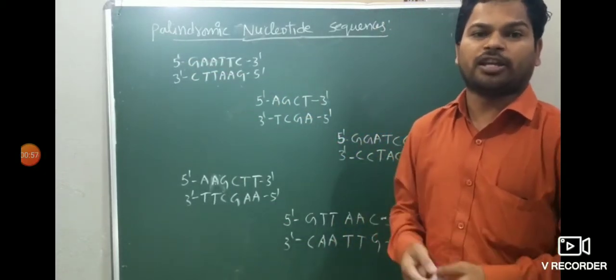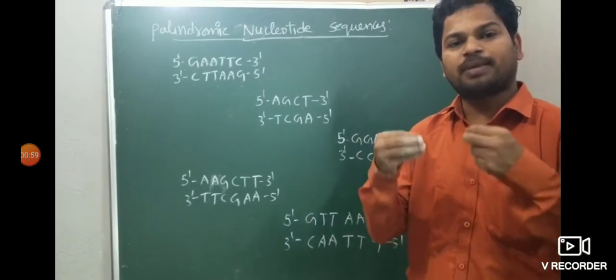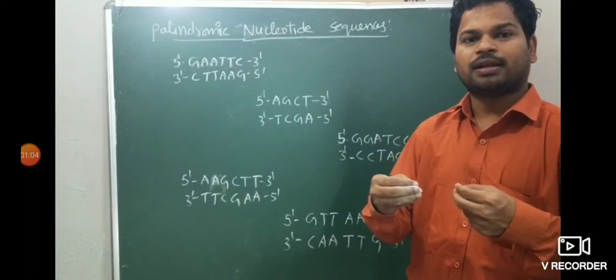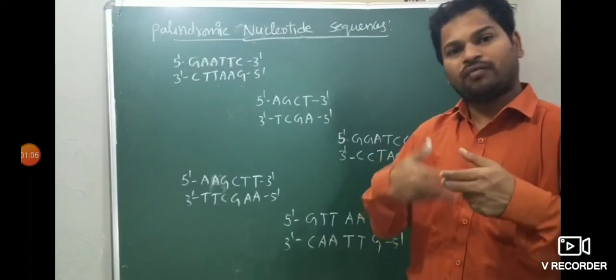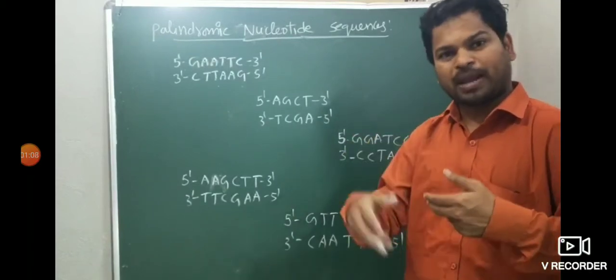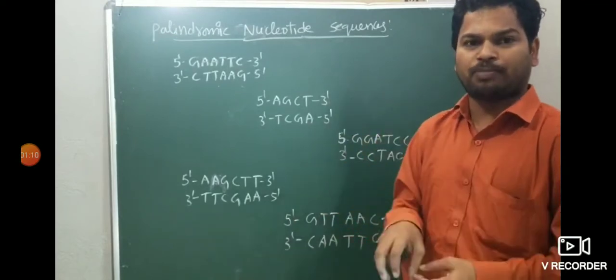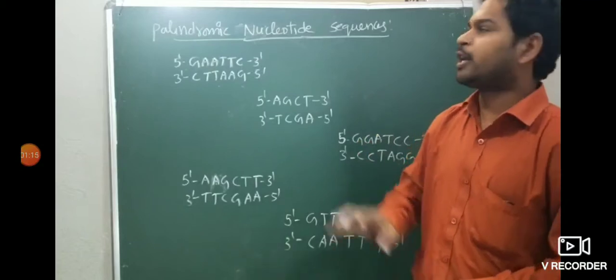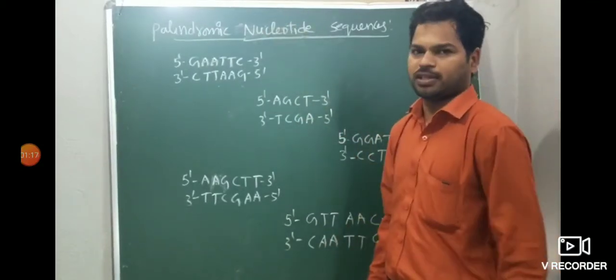When we read the sequence on the two strands, forward or backward, 5' to 3' or 3' to 5', the reading frame is the same. That type of sequence is a palindromic sequence.